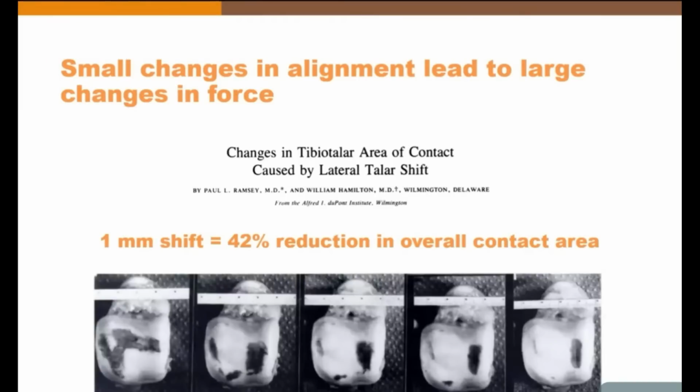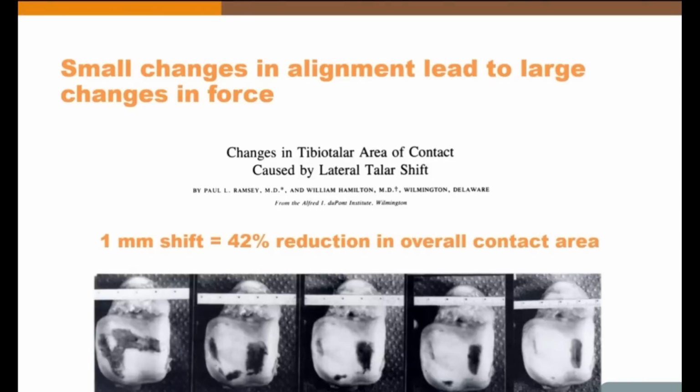This is a classic study that looks at, in this relatively small joint with high forces going through it, does a small change in alignment lead to a large difference in pressure? And the answer, as determined by the study, is yes. The pictures on the lower level demonstrate a talus with Fujifilm, which essentially demonstrates contact between the tibia and the talus, and small incremental changes in the alignment of the tibial plafond as it sits on the talus.